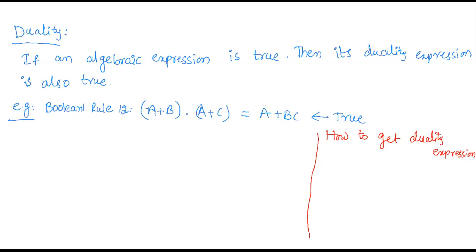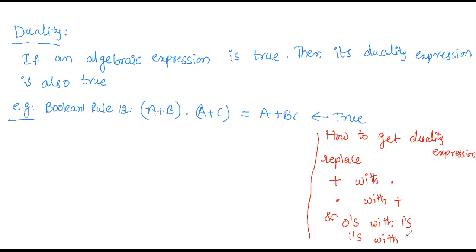The duality expression you can obtain by replacing addition with dot, dot with addition, and zeros with ones, ones with zeros.